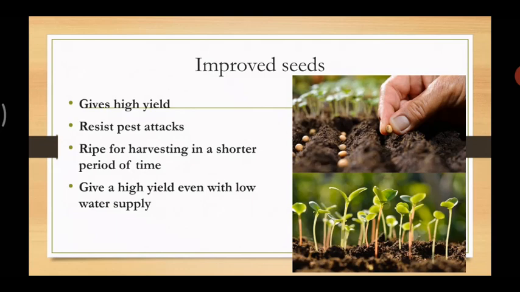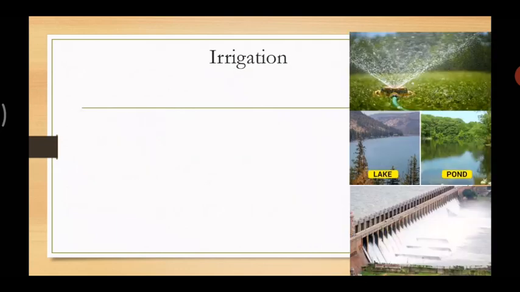Okay. Let's move forward. Next is irrigation. We know that all plants need water, right? Water is very important. Crops grow well if they are watered at the right time. You can't only grow the crop, you need to water it from time to time.